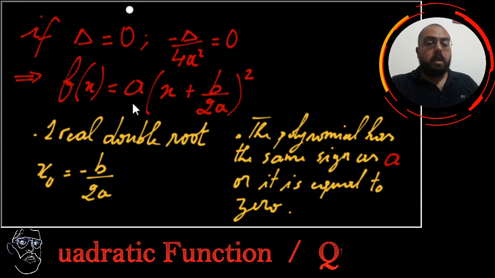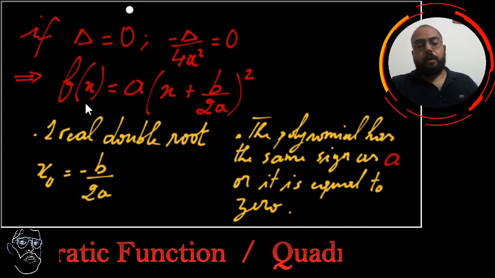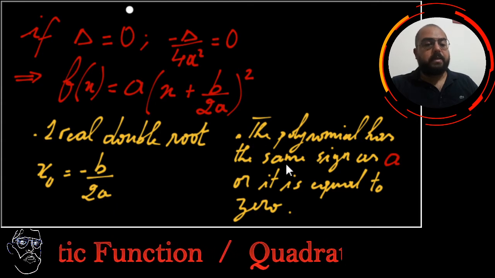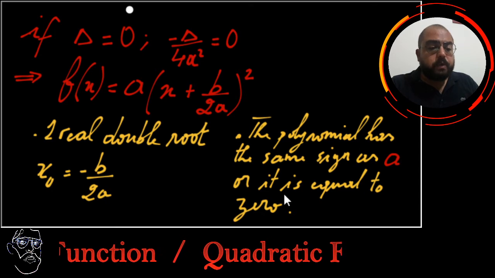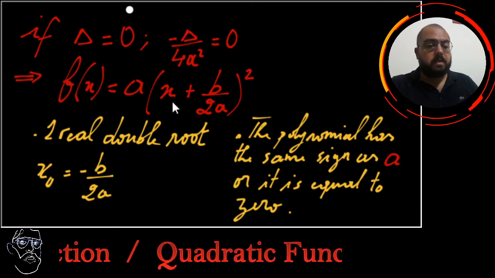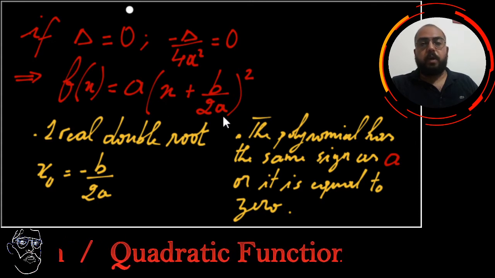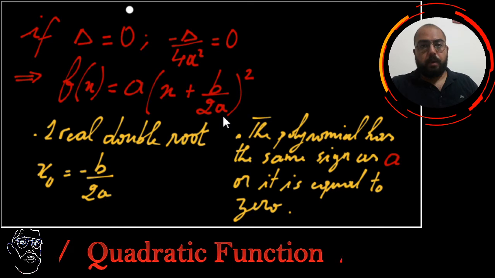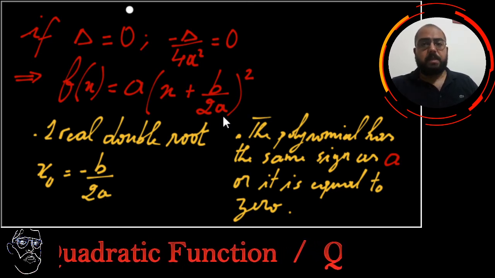So a will be choosing the sign of the function. That's why I can say the polynomial has the same sign as a, or it is equal to 0. It's equal to 0 for x0. Whenever I replace x by x0, so minus b over 2a plus b over 2a, it will be 0. So the function will be equal to 0. Or else the function takes the same sign as a.